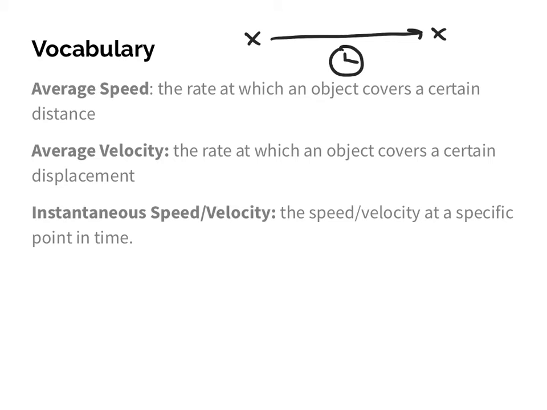So speed is going to be simply this. It is the distance traveled, but considers the time it takes for you to travel that distance. So let's say that this distance up here is 5 meters again, and let's say it takes me 2 seconds to travel that distance.